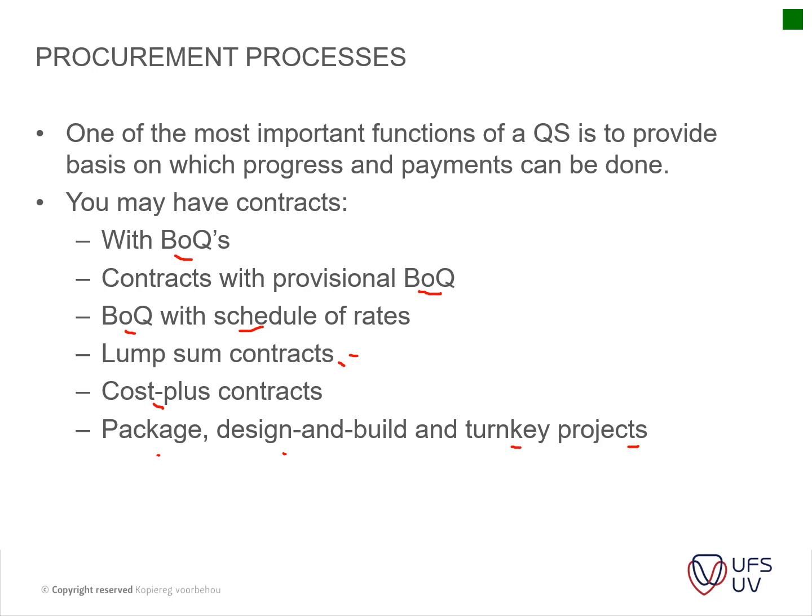So where the term turnkey comes from is the client just asks, I want this type of building, I just want a key to start the building or open a building and take occupation of the house or the building.